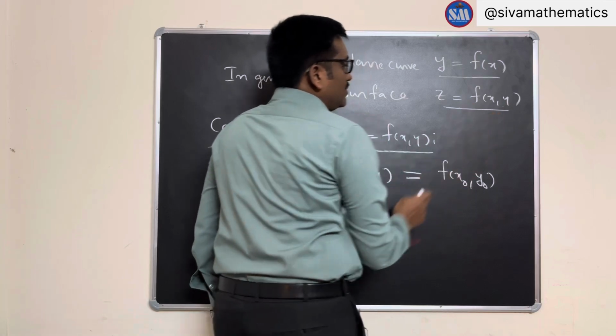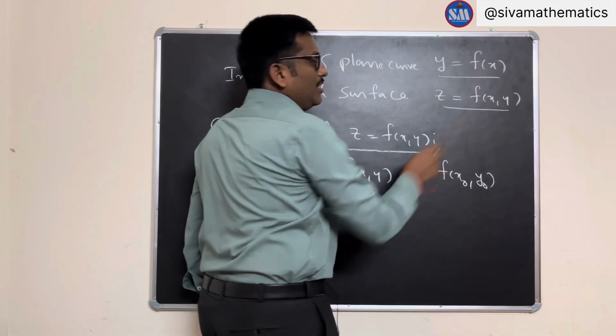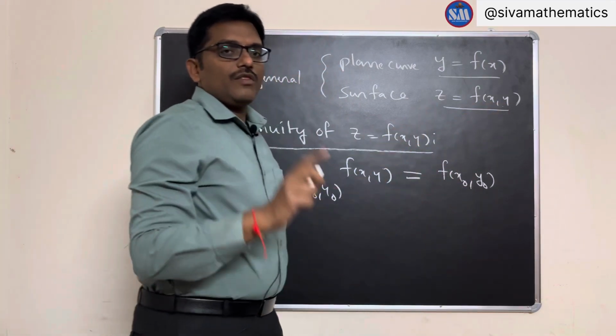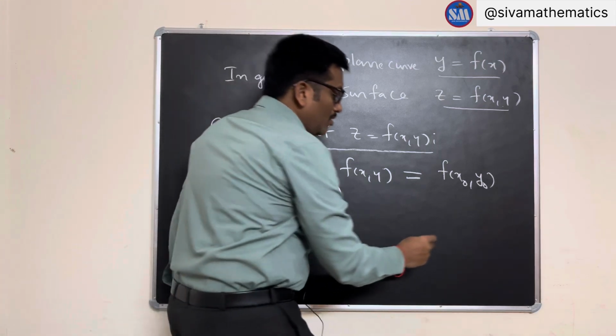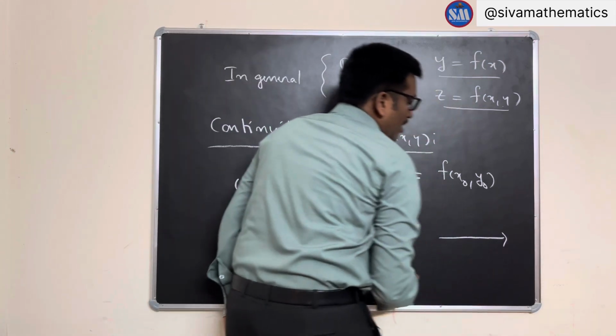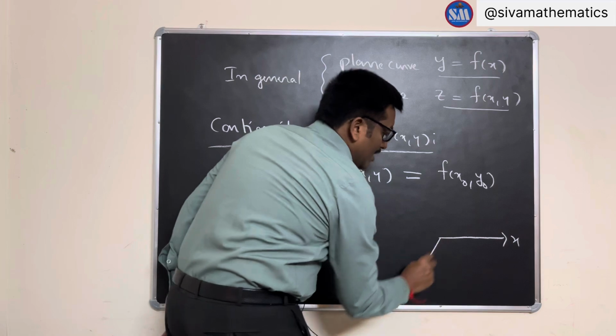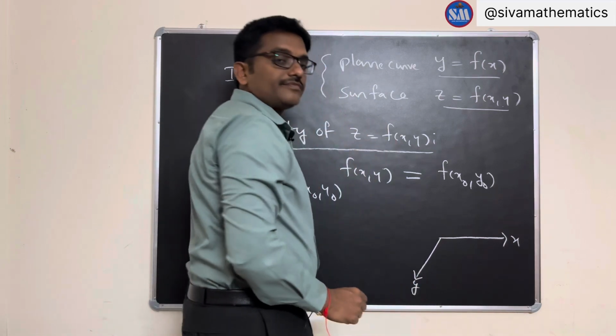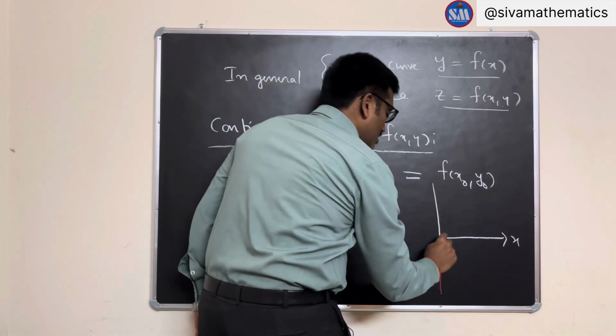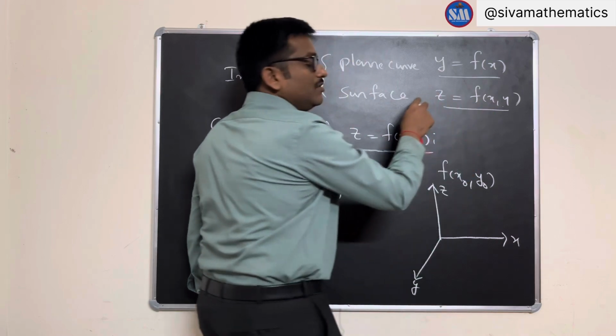Here if you observe, for the domain we have two variables, for the range we have one variable. So three dimensions are sufficient. We take the x axis, y axis like this, and the z axis to represent the range, the set of output values.